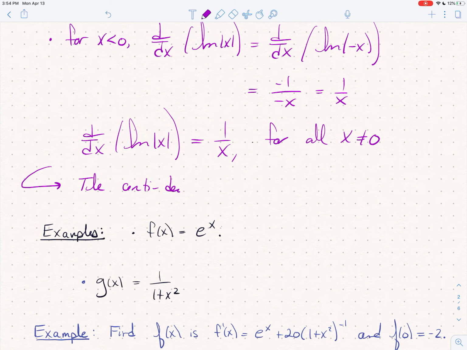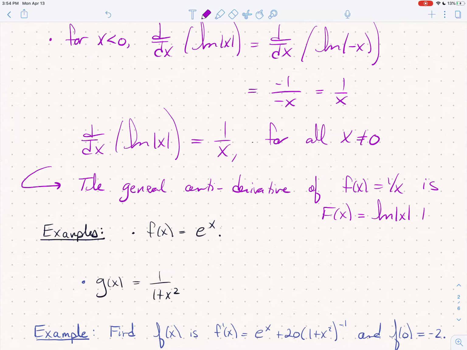I'm running out of room now, but what that means is the general antiderivative, you see if you can call what I'm going to write, the general antiderivative of f of x equals 1 over x is big F of x equals natural log of the absolute value of x plus c.